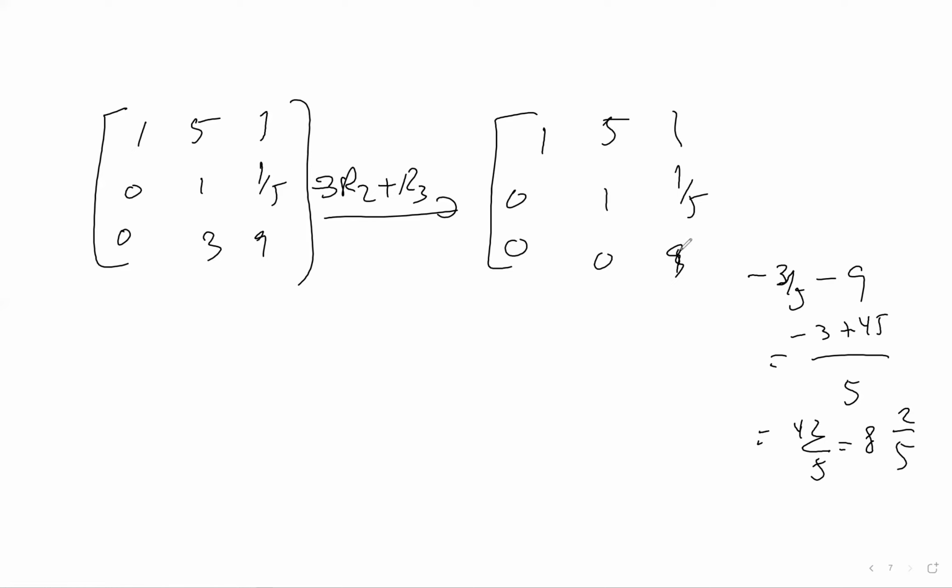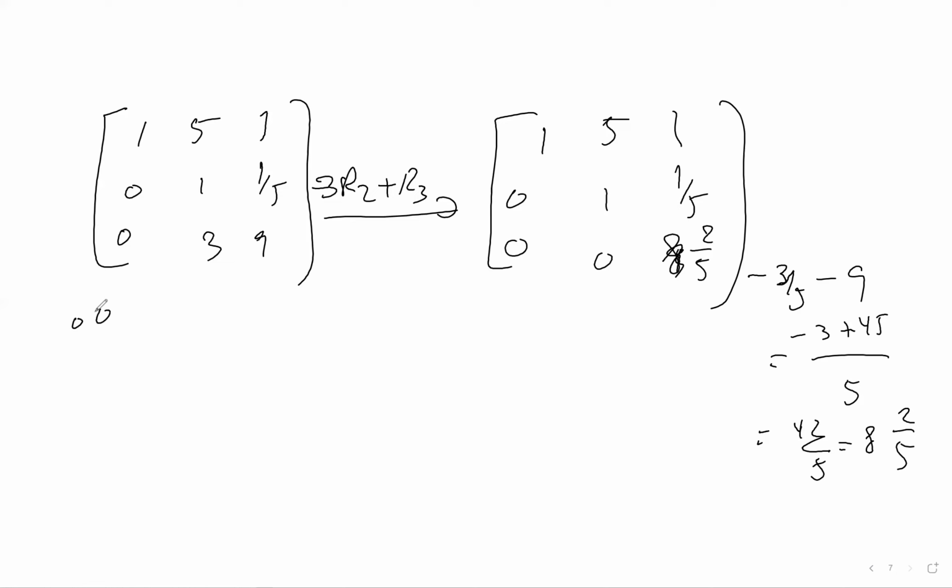So the bottom line is that we have 3 non-zero rows.